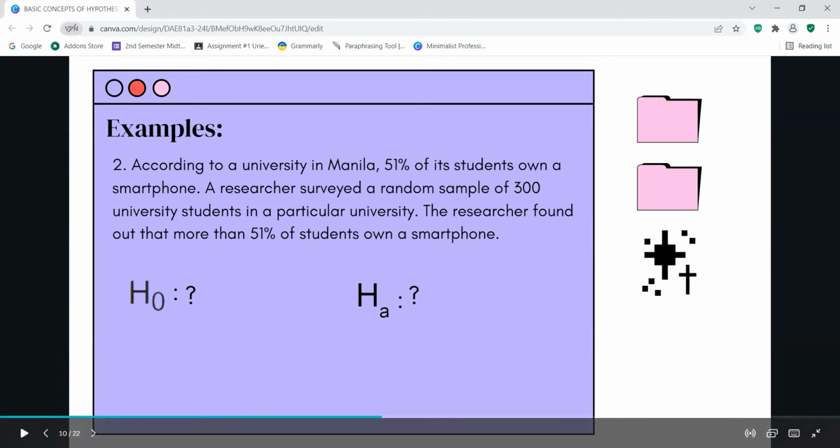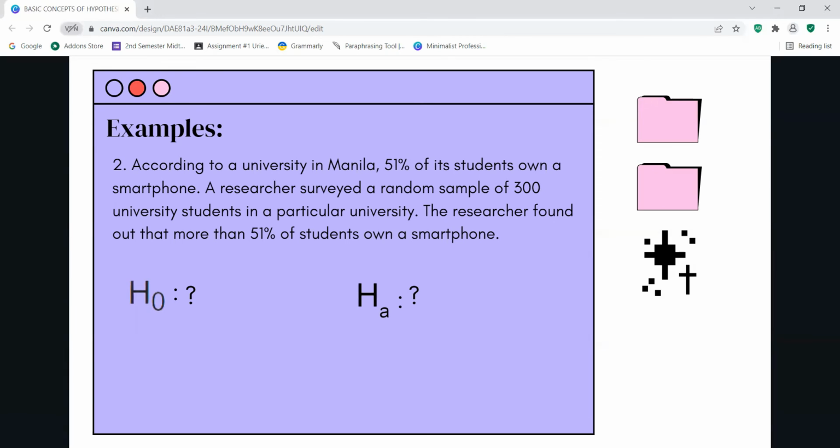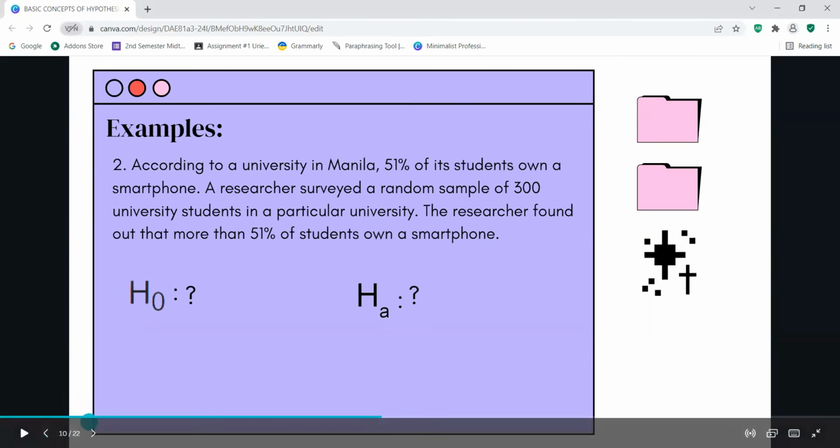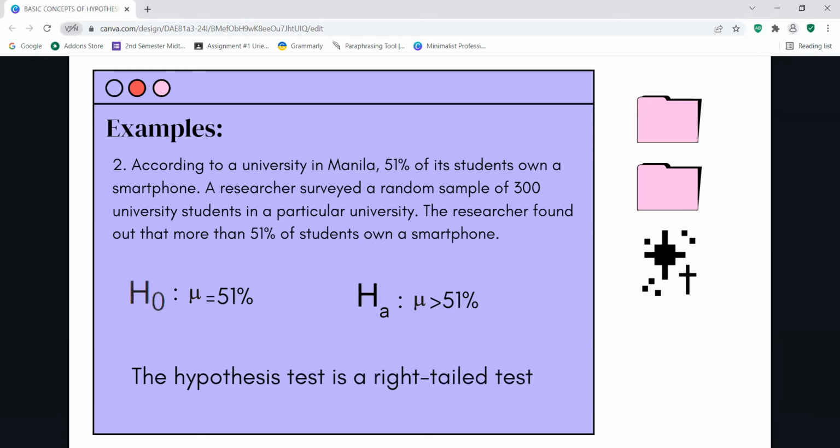For example number two, according to a university in Manila, 51% of its students own a smartphone. A researcher surveyed a random sample of 300 university students in a particular university. The researcher found out that more than 51% of its students own a smartphone. So for the null hypothesis, it is said that it is equal to 51.